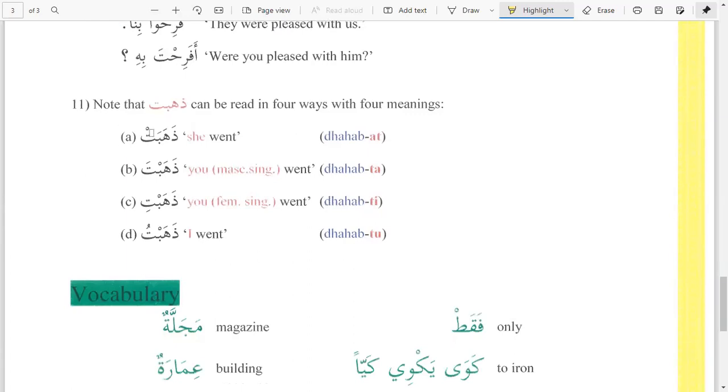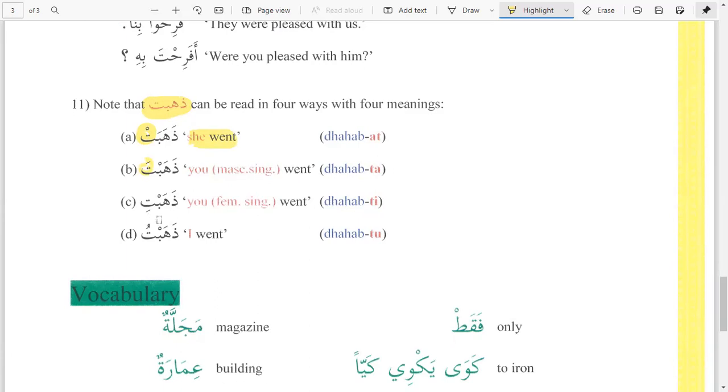And this is zahabat. There are many forms of zahaba. Zahabat means she went, if the ta is silent. If zahabta has a fatah, it means you, masculine singular, went.